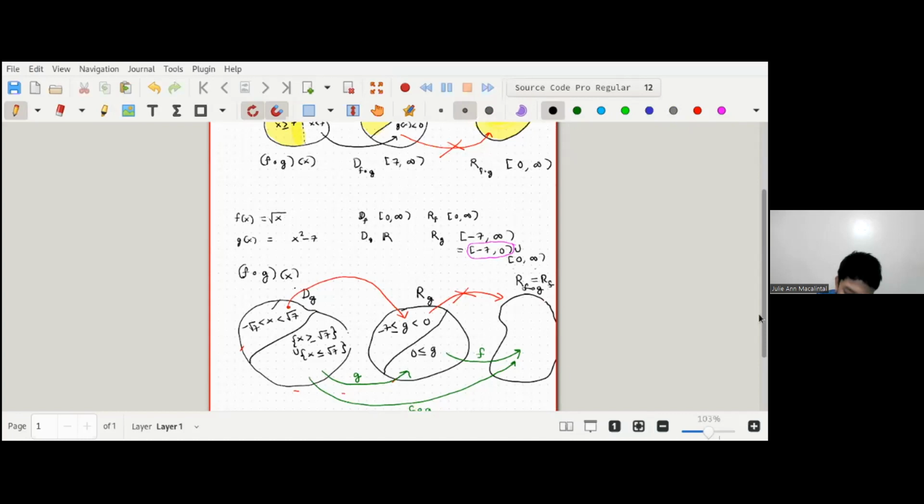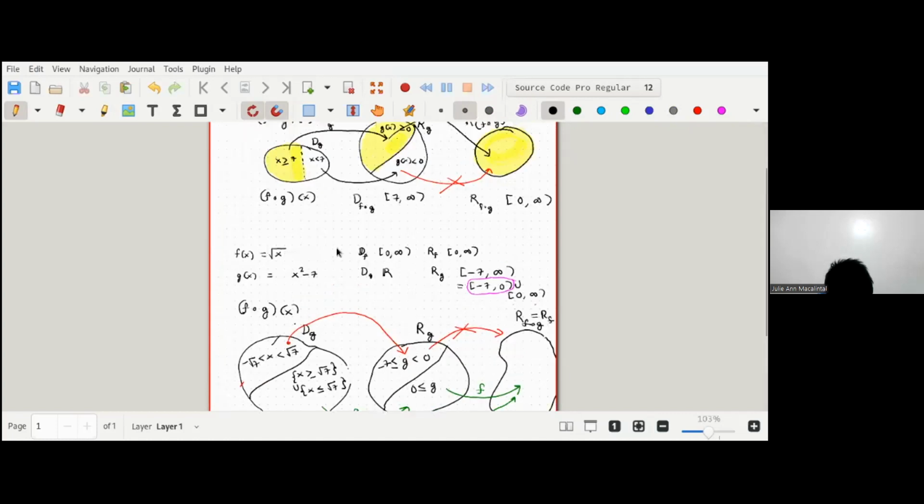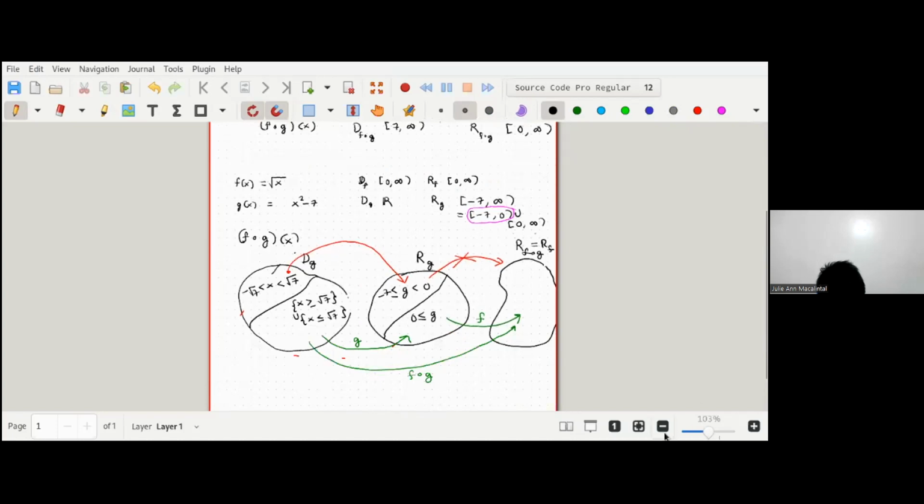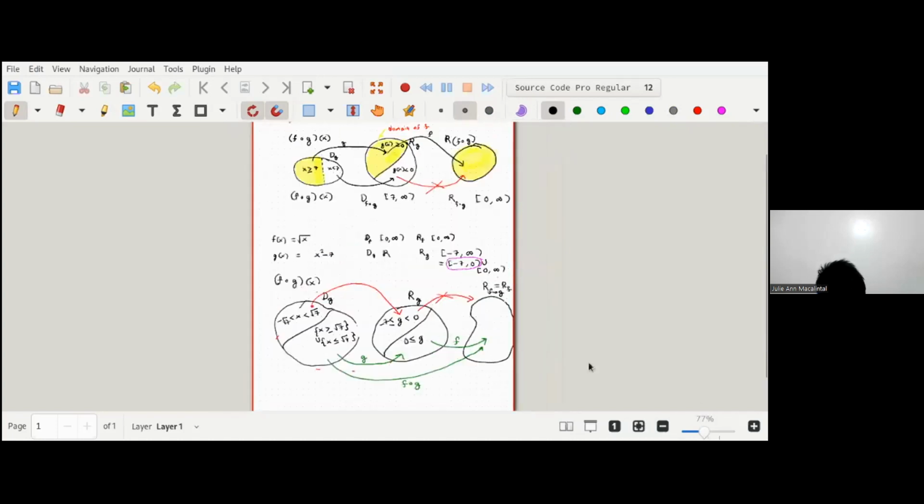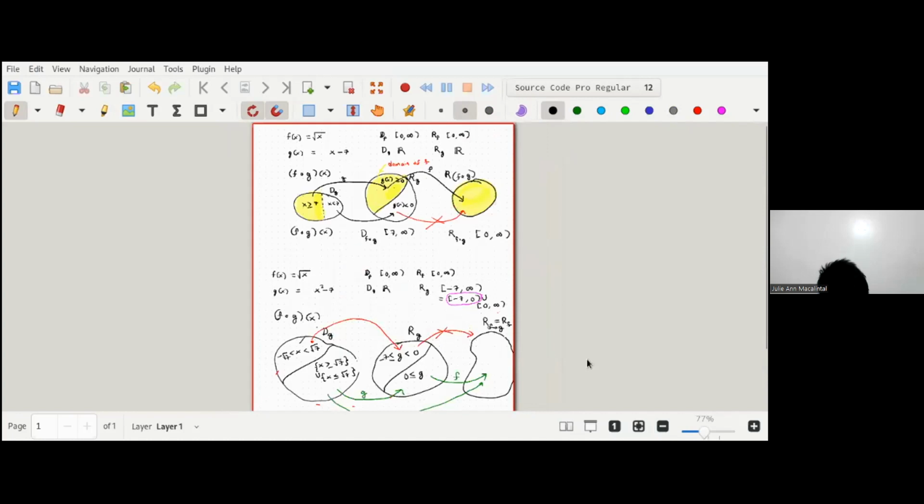Medyo hindi sila as elementary as yung what other people think. Tricky siya eh. Tapos when you're dealing with more abstract math, kailangan mag-ingat talaga sa mga domain and ranges.